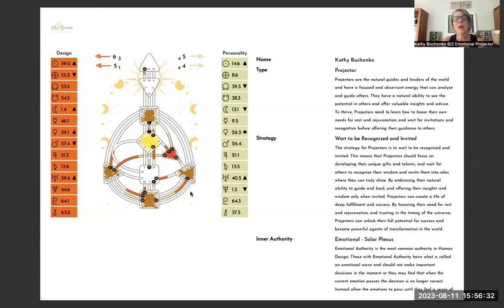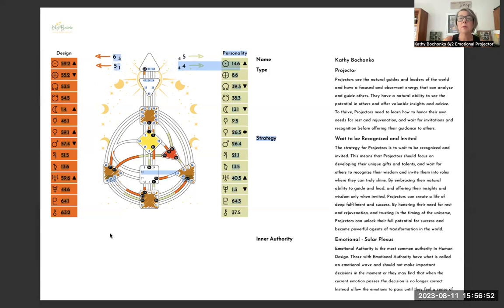So that being said, this is a chart. Chart is a body graph also, that's the same thing. You can hear them called either thing. On one side, you have your personality planets. On the other side, you have your design planets.